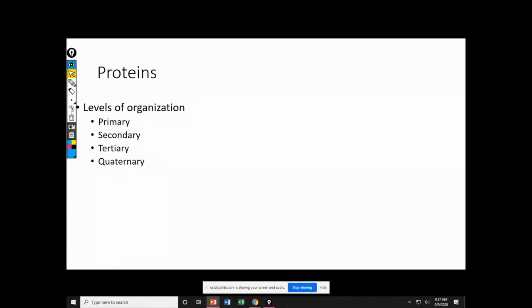Okay. So in order to make a protein, we need to link things together at what we call many levels of organization. Everything we've talked about up to this point is pretty much just the primary level of organization, linking together those amino acids.